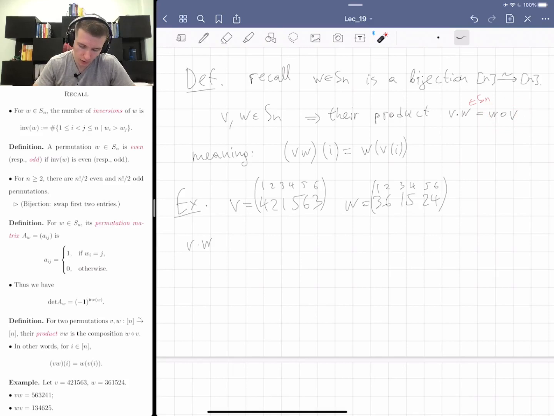So in particular, if I first apply V: 1 goes to 4, and 4 goes to 5. So in the product, 1 goes to 5. And 2 goes to 2, and 2 goes to 6. So 2 goes to 6.